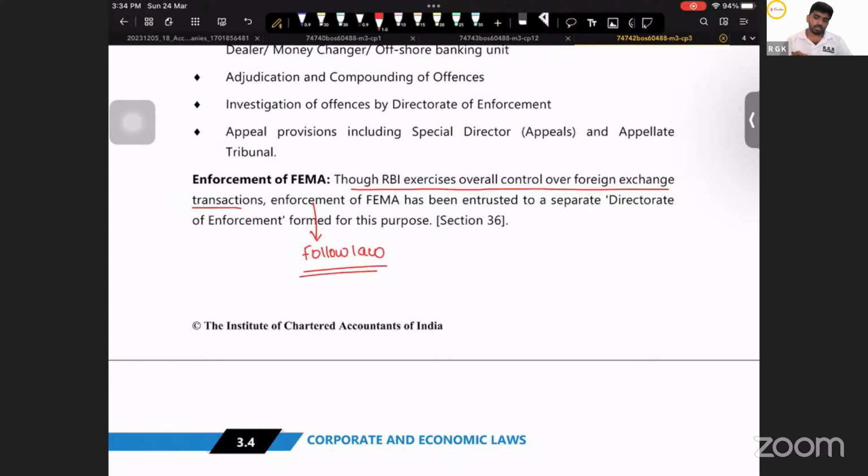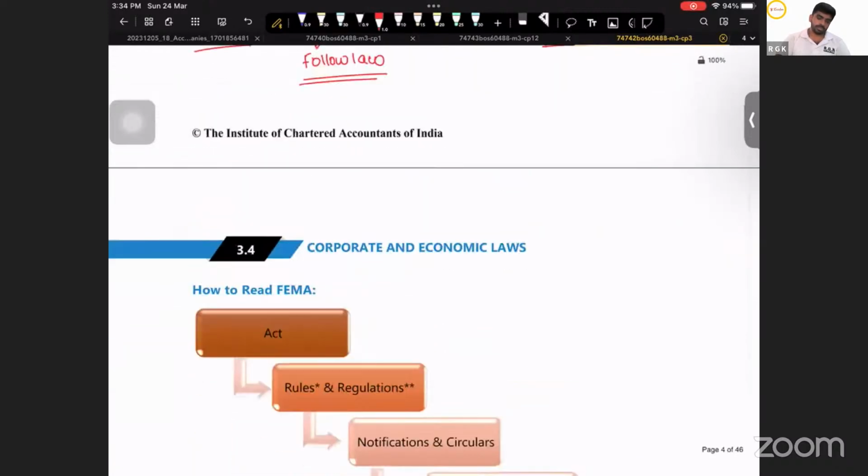This part is looked after by a separate department called the Directorate of Enforcement, in short ED. You must be hearing about this in newspapers, daily updates and current affairs. That same Enforcement Department looks after the implementation of the Foreign Exchange Management Act.